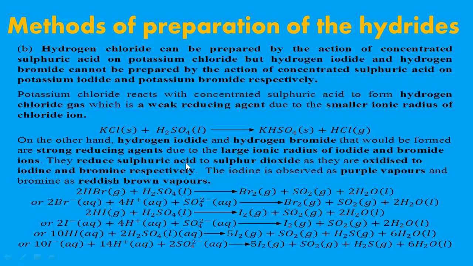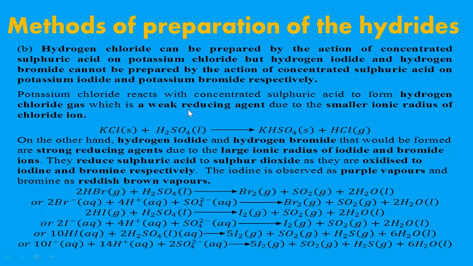The iodine is observed as purple vapors, in case you are asked for the observation, and bromine is observed as reddish brown vapors. Look at the two equations. Molecular equations are better here because they can easily be balanced to accompany your explanation.